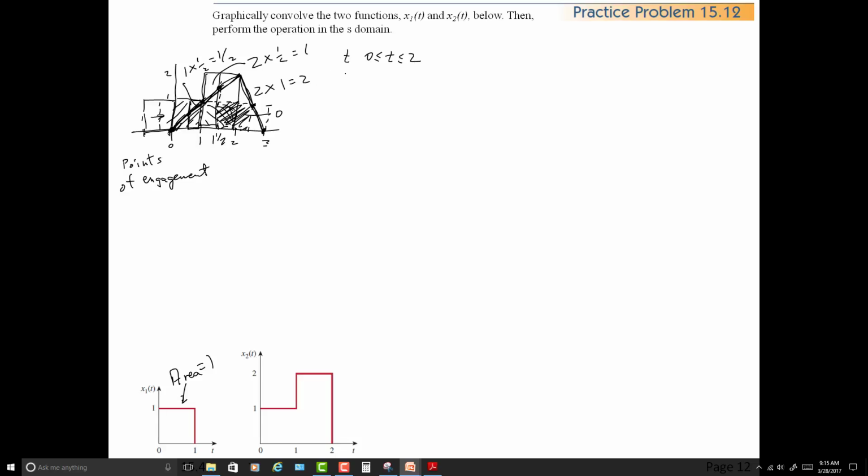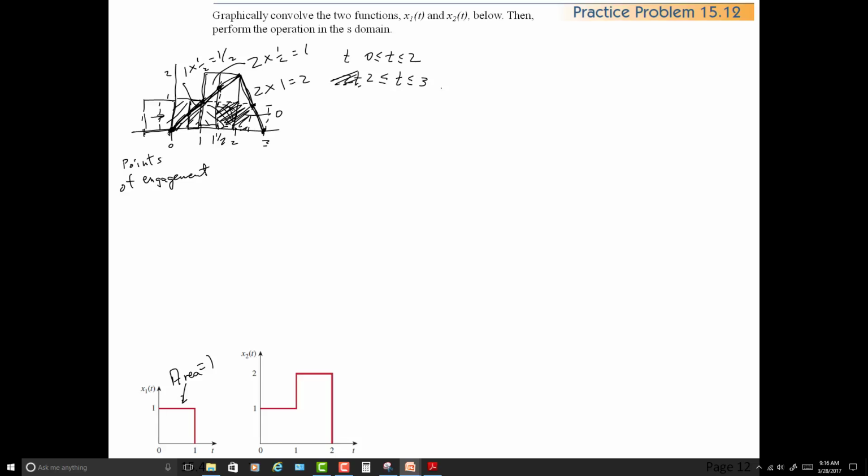And then the function is what, minus, not minus t, but maybe minus 2t when t is greater than or equal to 2 and less than or equal to 3. So that doesn't sound right. When t is 2, we need to have, so this can't be right here. Okay? That can't be right.